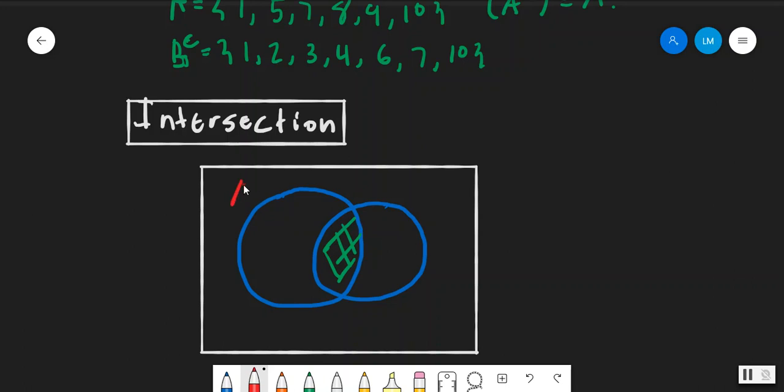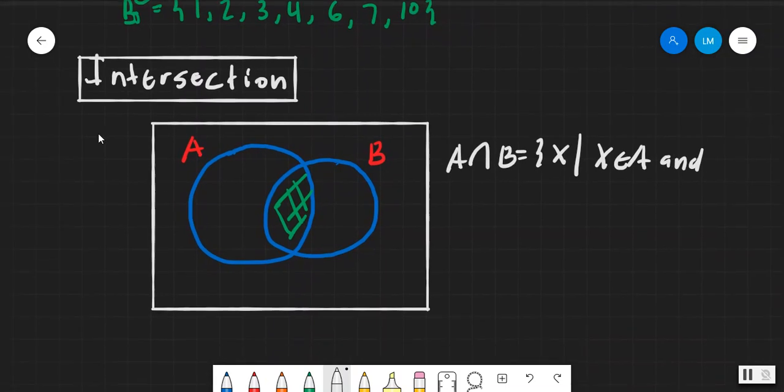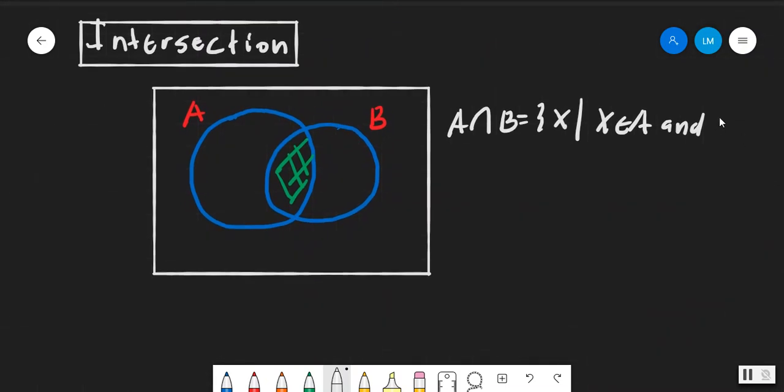Okay, so we'll just call this A, and we'll call this B. So the intersection is basically where the set A intersect B is equal to the set of X such that X is in A and X is in B. So that tells us that the set A intersect B is all elements that are in both, essentially.